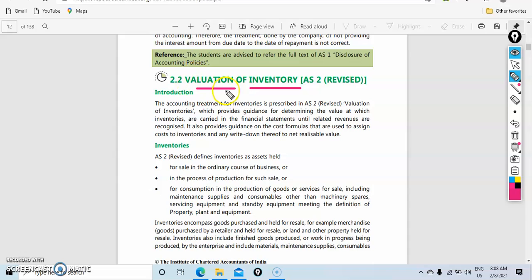Before going to this, let us try to learn what inventory is. For example, take a cloth industry.